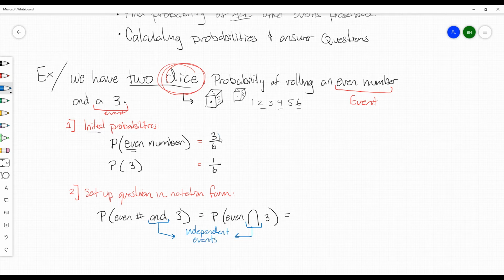I can roll an even number on one die and a 3 on the other and have everything work out. Right? Just because I roll an even number doesn't mean I can't get a 3 on the second one. Because they're independent and because it's an and, we're going to be using the product rule in order to solve for this. Which means we want to get the probability of an even number, and we're going to multiply that by the probability of getting a 3.